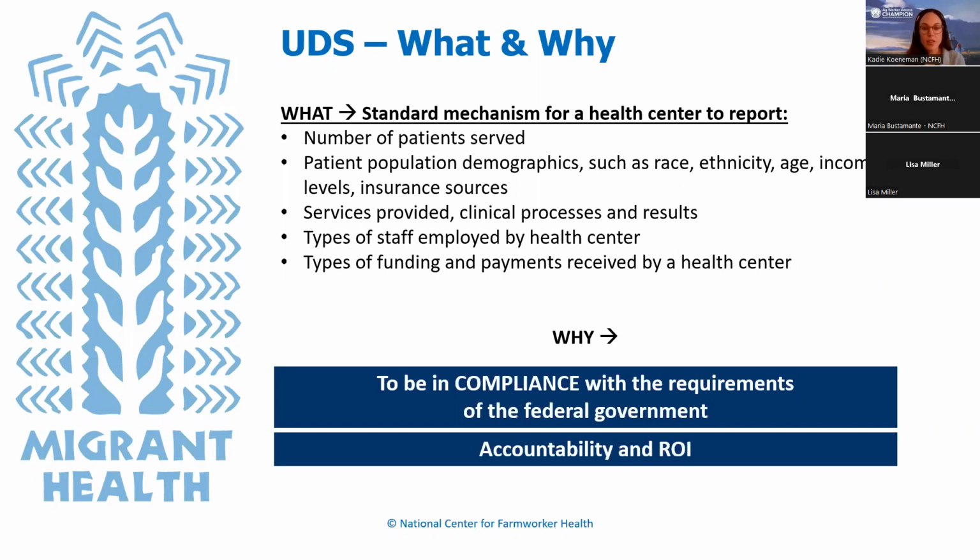Here on the slide, you can see a list of some of the information that is reported in your UDS report, including number of patients served, patient population demographics such as race, ethnicity, age, income levels, insurance sources, services provided, and clinical processes and results, types of staff employed by the health center, and types of funding and payments received by a health center.